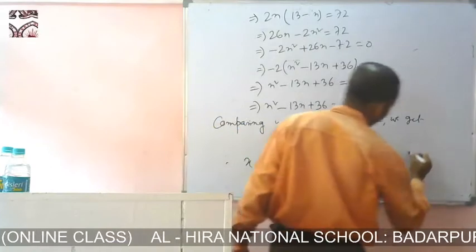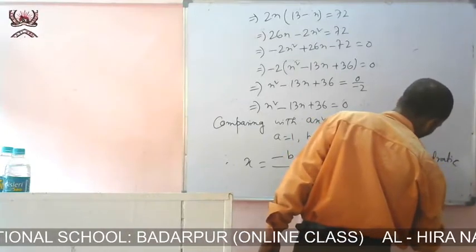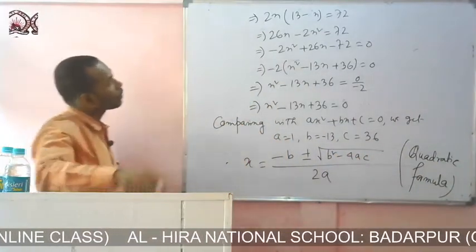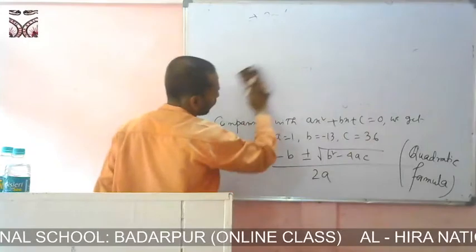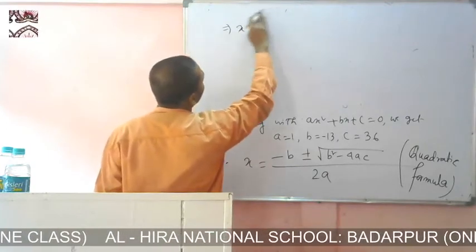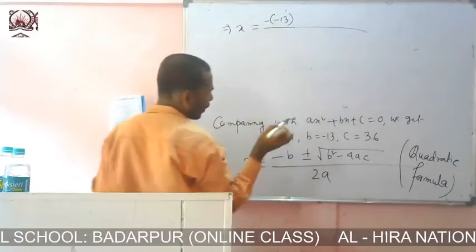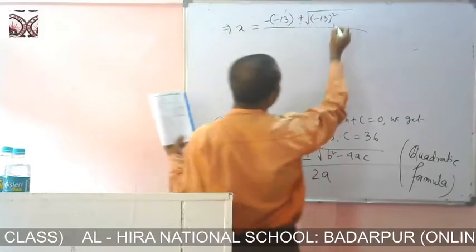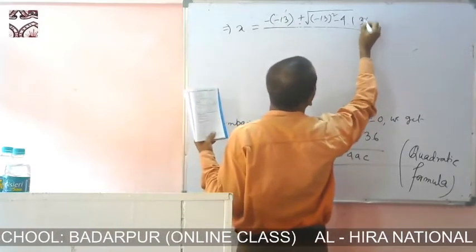This is the quadratic formula. So x is equal to minus b, which is minus of minus 13, plus minus root of 13 square minus 4 into a, which is 1, and c, which is 36, by twice a.